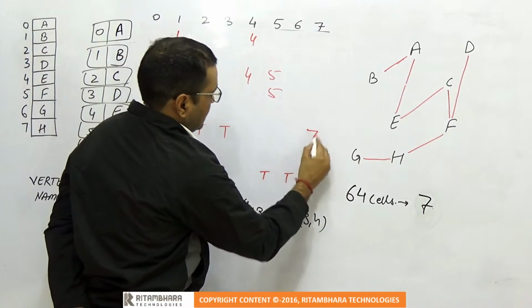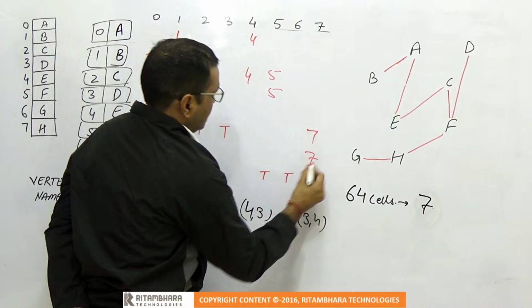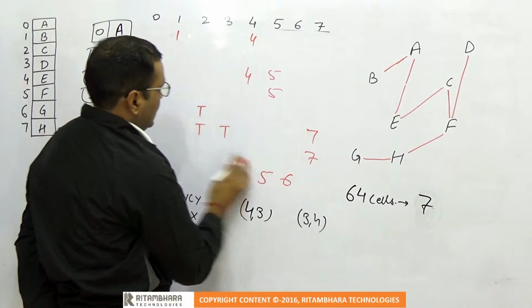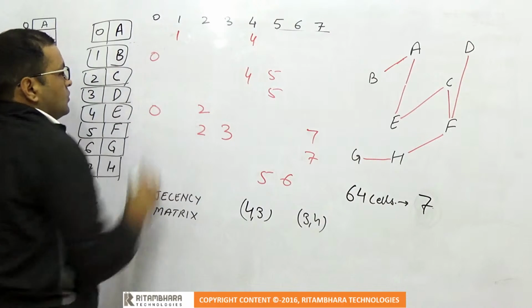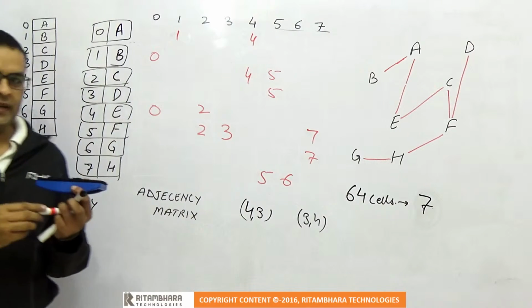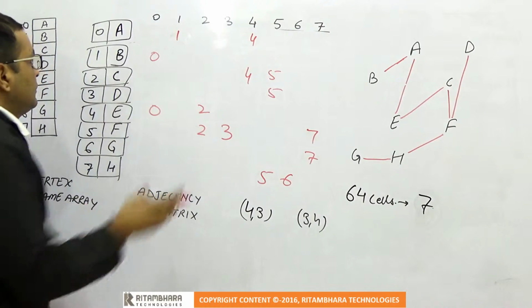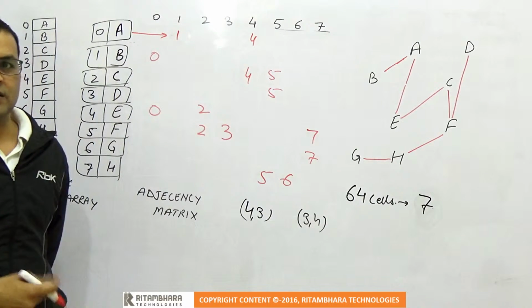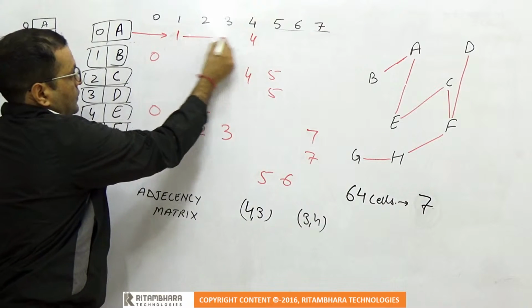This was 7, this is also 7, then 6, 5, 0 and 0. And then I am just connecting them. So the next of 1 is 0, the next of 0 is 1, next is 4.